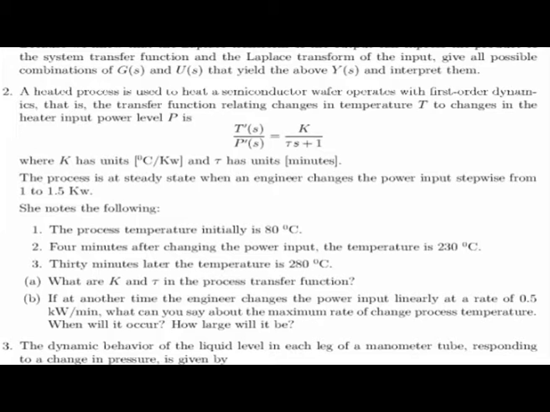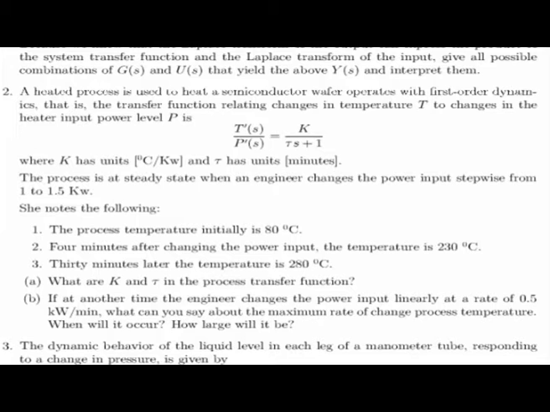It also says the process is at steady state when an engineer changes the power input stepwise. Note that we have a stepwise input which changes from an initial value of 1 to 1.5. So the magnitude of the step signal is only 0.5, because initially we were making a step change from 0 to the level m. Now the engineer notes the following. The process temperature initially is 80 degrees centigrade.